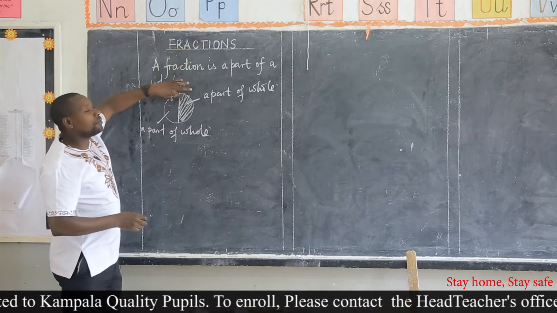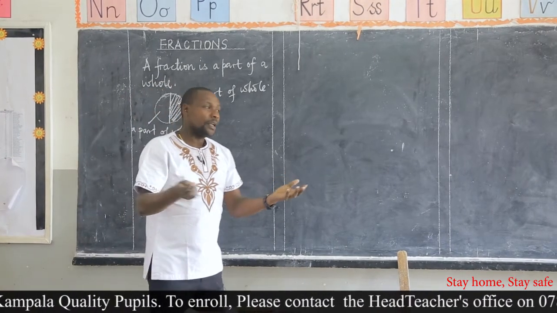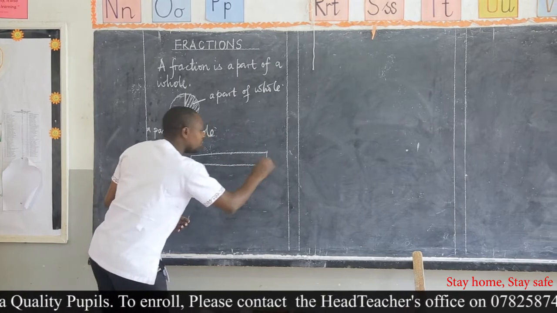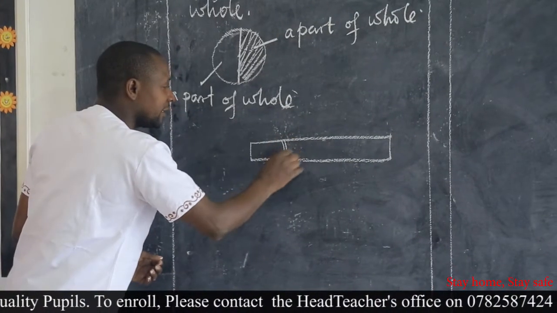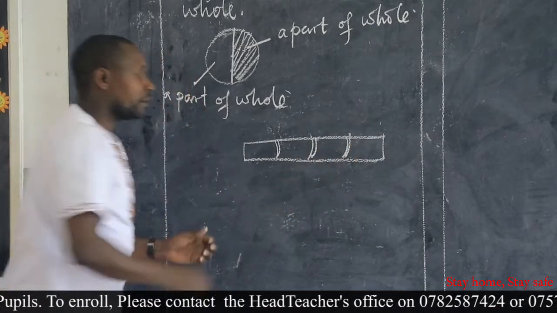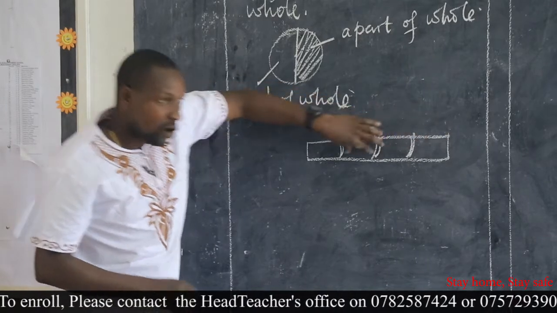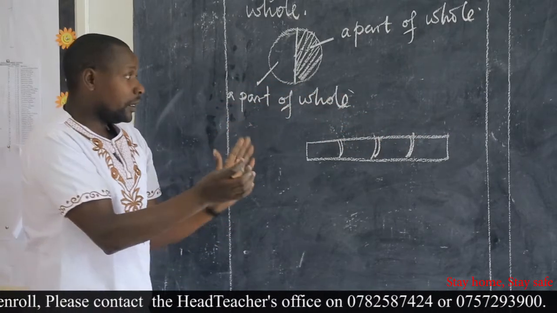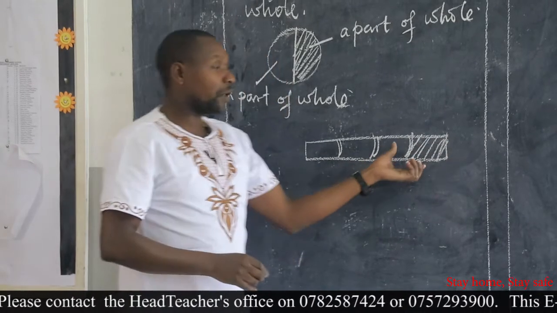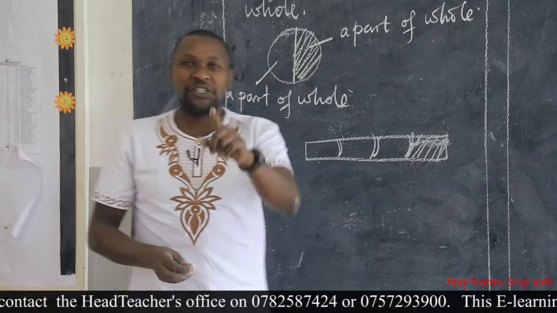Not only from mangoes, oranges, it can be a sugar cane. Assume it is a sugar cane. Those who have ever taken one, it has the nodes of this kind. Before it is broken into these nodes, now it is a whole. But a teacher may decide to remove one part, one node from the whole, and he gives it to John.